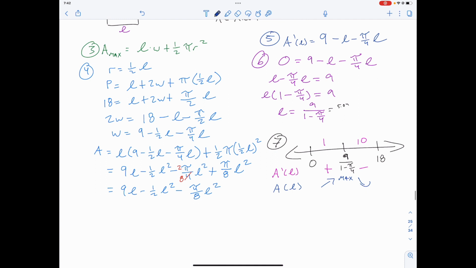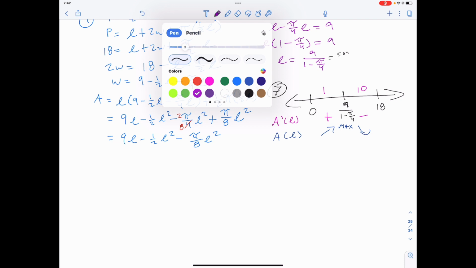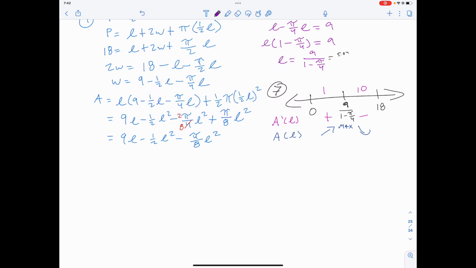Now, because this asked for the maximum area, I'm not going to go through and solve what the other side lengths are. I'm literally just going to put this in.